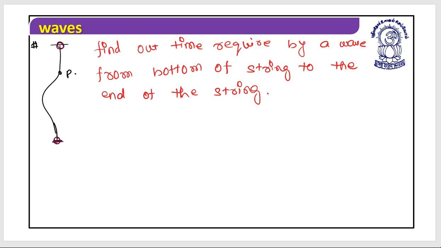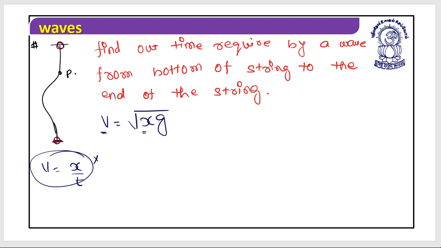We have the velocity of this wave, v, which is equal to root of x into g. As you can see, v is equal to root of x into g. That means it is a variable velocity, which keeps changing with distance. So I cannot simply write speed is equal to distance by time, because the speed is variable.